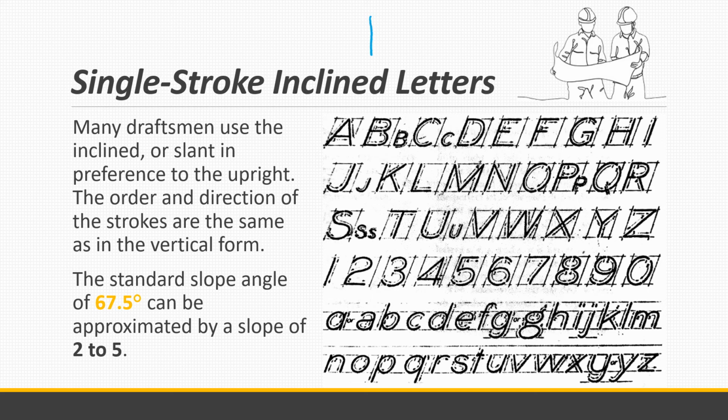So, say merong 6 units dito and 1, 2, 3, 4, 5, 6. Then, yung dito niya is dalawa. So, ganyan yung slant niya. Say, yung letter N. So, nakaslant siya ng 2 to 5 na units.